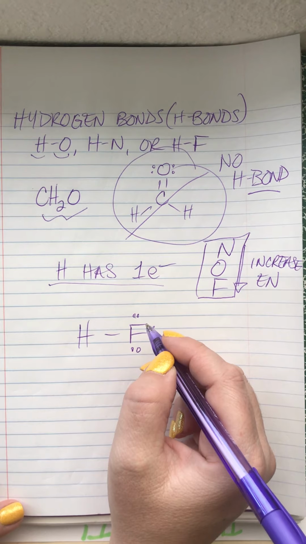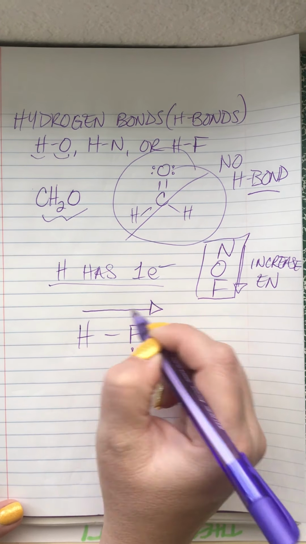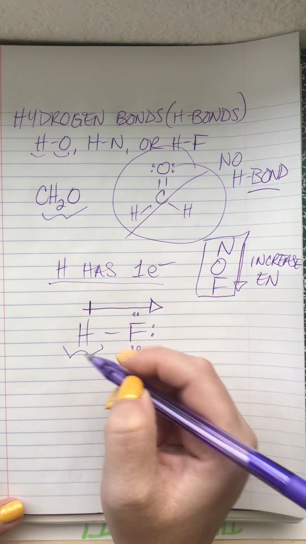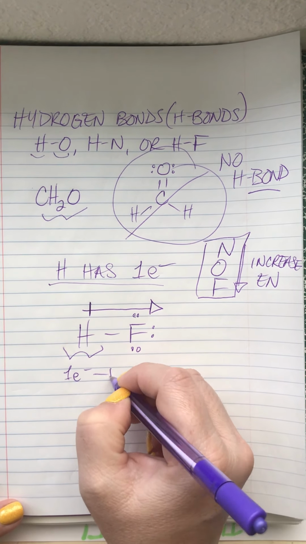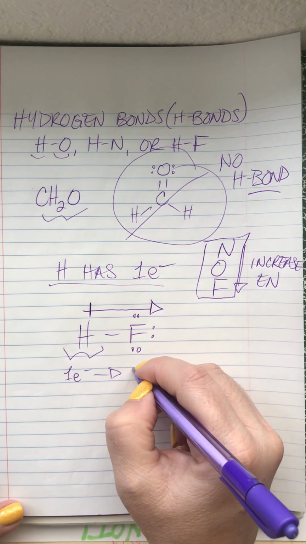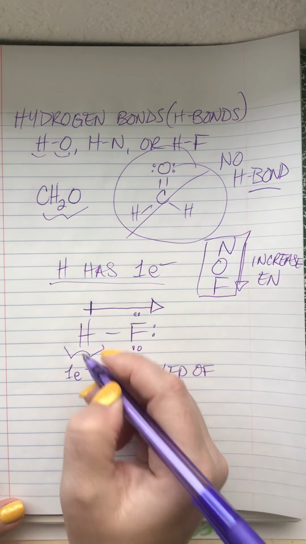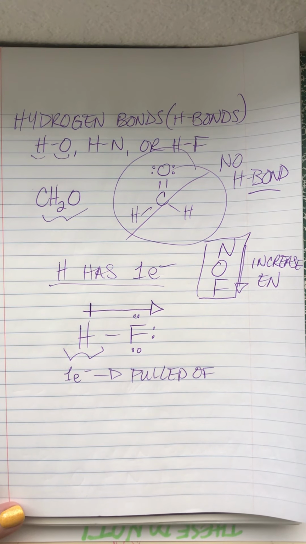Does that make sense, guys? So this dipole is incredibly strong, right? When you have hydrogen, which only has one electron, and it's being pulled away from it, what are you left with that hydrogen? Just a proton, right?